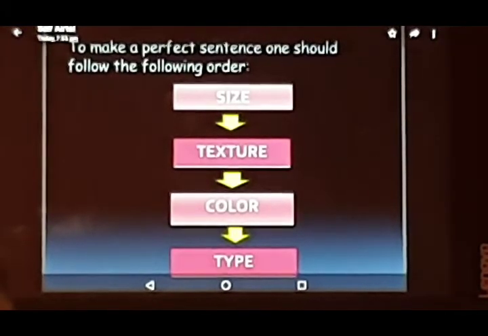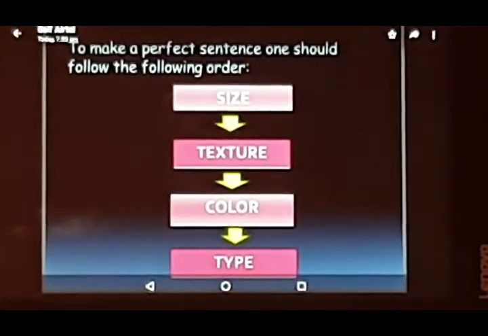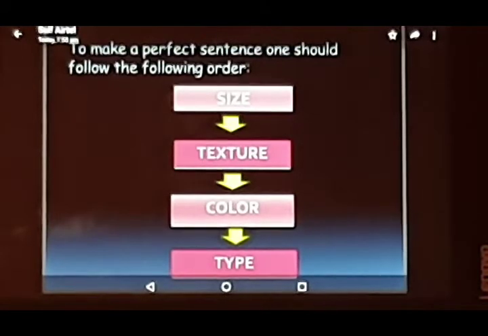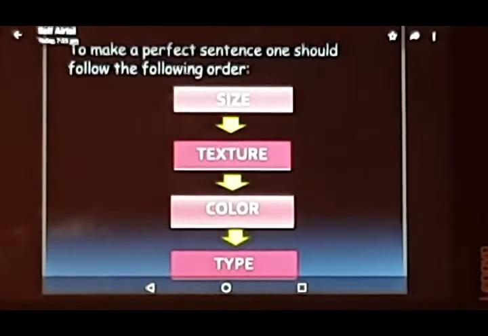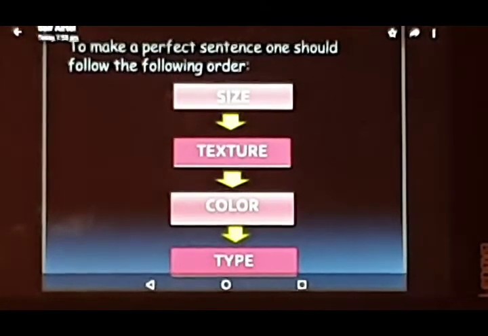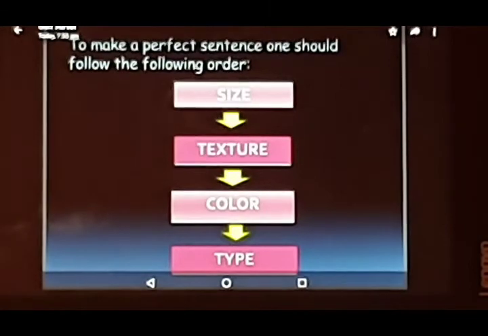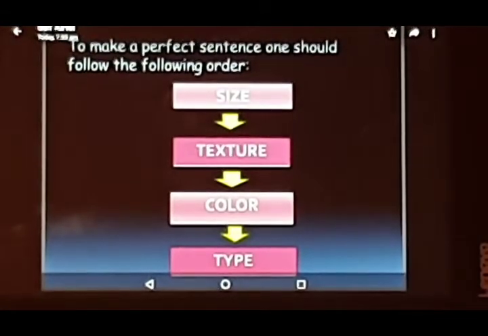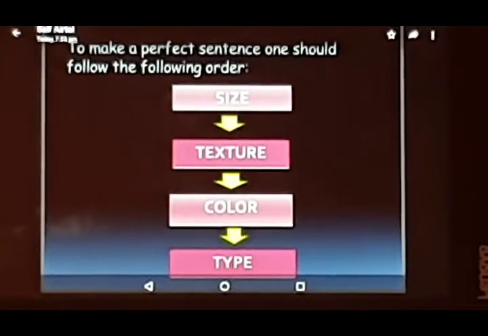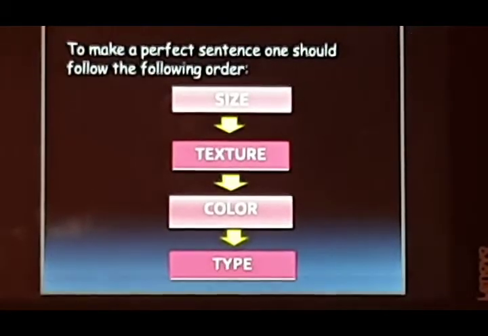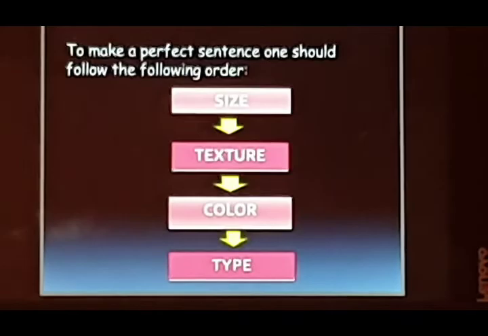To make a perfect sentence, one should follow the following order. Of course there are many more orders, but we are doing only these. First, talk about the size of the noun. Then its texture, how you feel it. Then color, and last is type. So this is the proper sequence you should use while describing a noun by using more than one adjective.